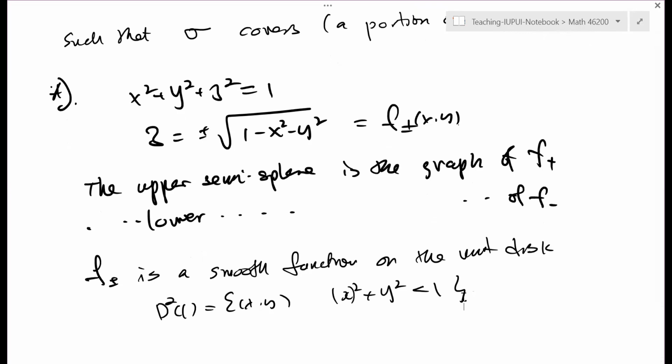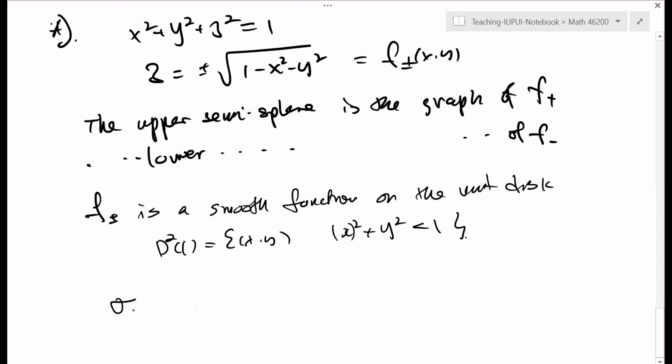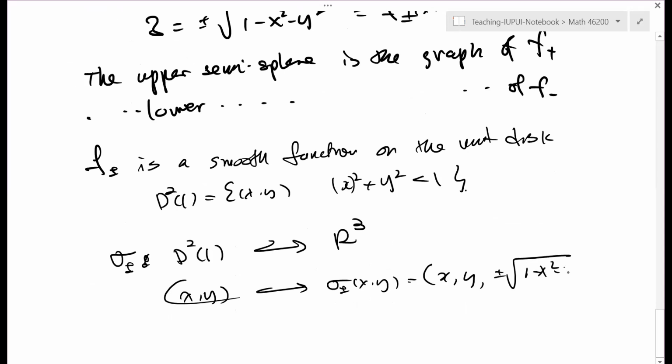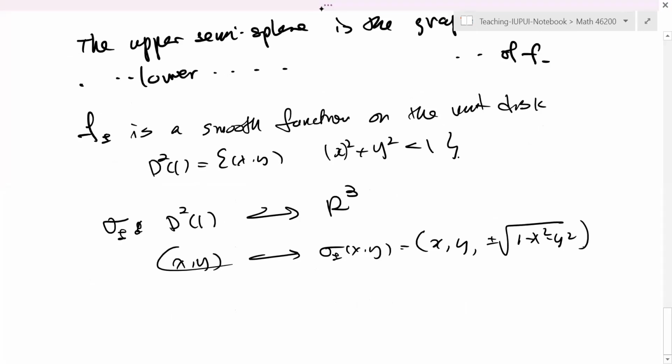So I can get sigma plus and minus, with a 2 here, and this is going to be a map from the disk to R3. The image is going to be the sphere. So x and y are sent to sigma, defined by x, y and plus or minus f. So we find the two maps.